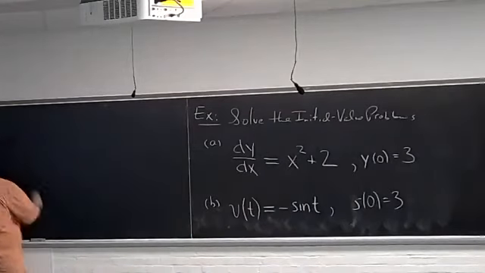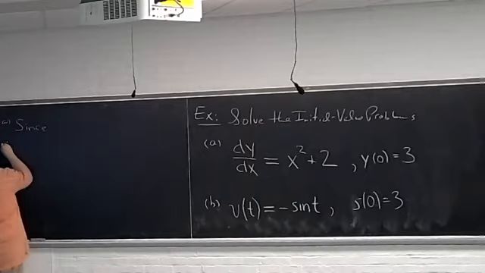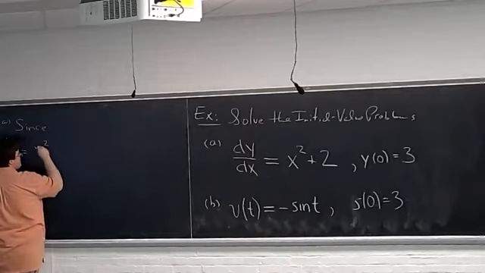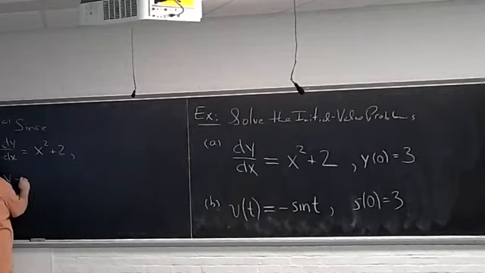So part A, since dy dx equals x squared plus 2, we can find a general form for y by taking the indefinite integral.